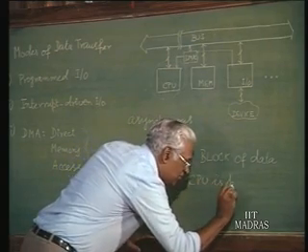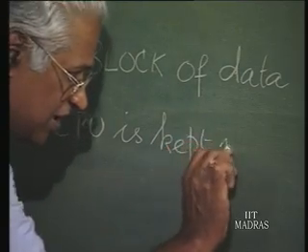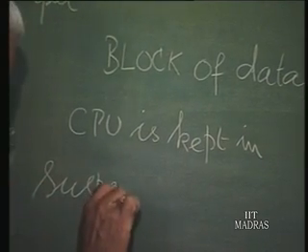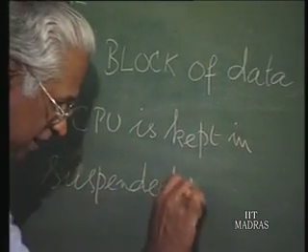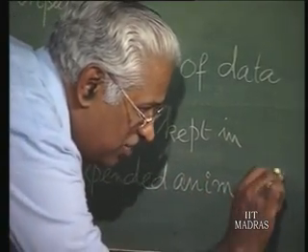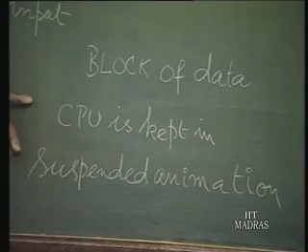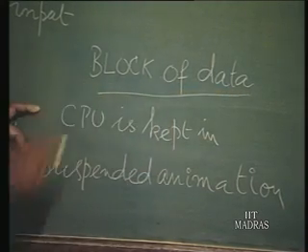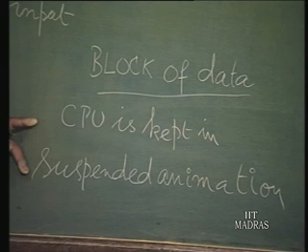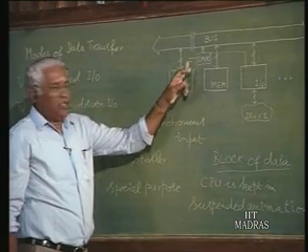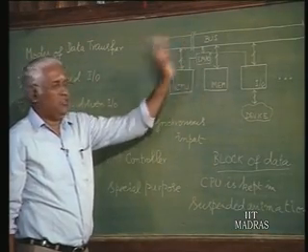The CPU is kept in suspended animation, and it is going to wait until the DMA controller releases the bus. That is, until the block of data transfer is over, the CPU will be kept in suspended animation, and at the end of the block transfer the controller will release the bus to the CPU.